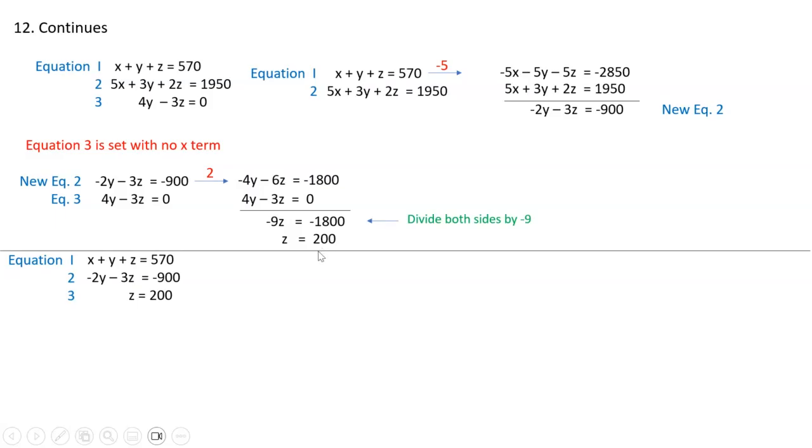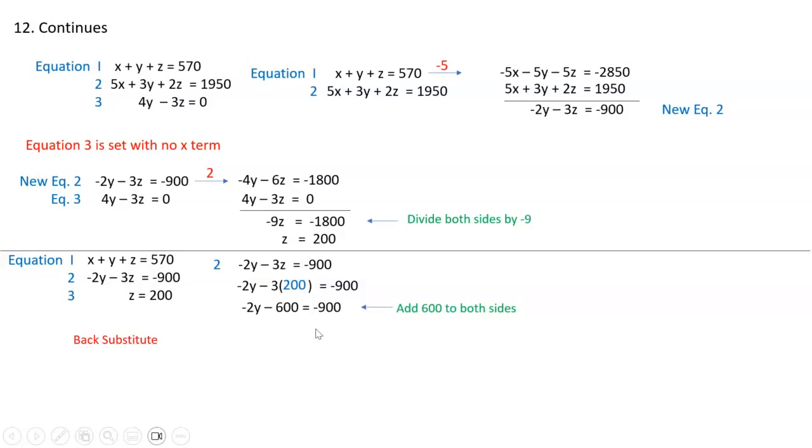Now we can go back and back substitute. I'm going to go to my new equation 2, and plug in 200 for z. This gives us -2y minus 600 equals -900. We add 600 to both sides, so it gives us -2y equals -300.